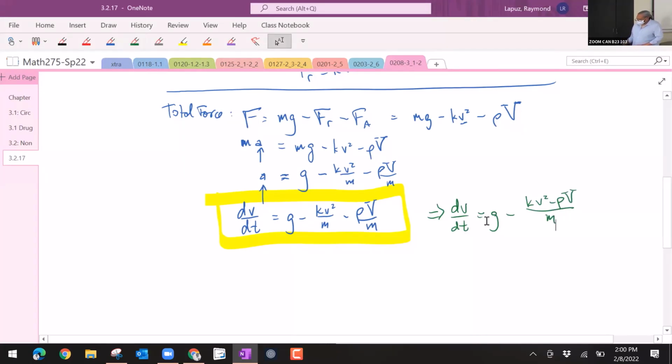So we can then rewrite it as dv divided by, let's write it as, m in the denominator, k little v squared minus rho capital V. So it's this, and if you look at this, this is your variable v squared.